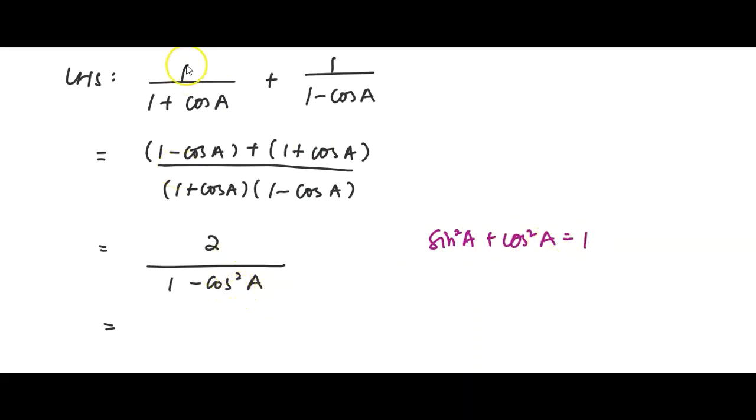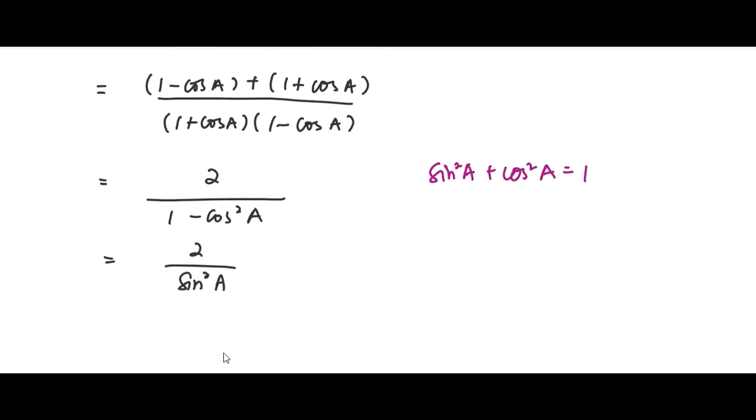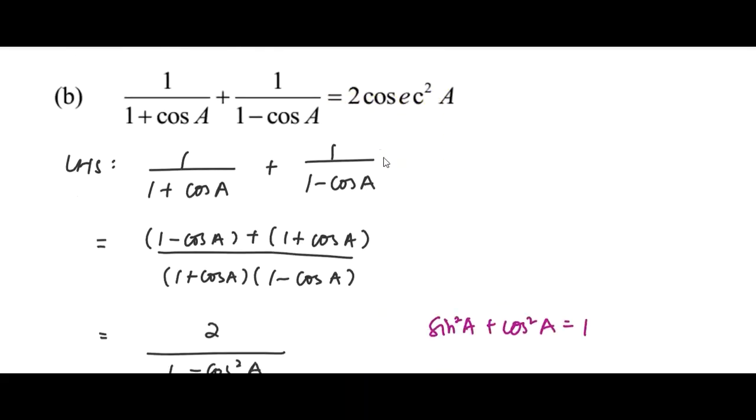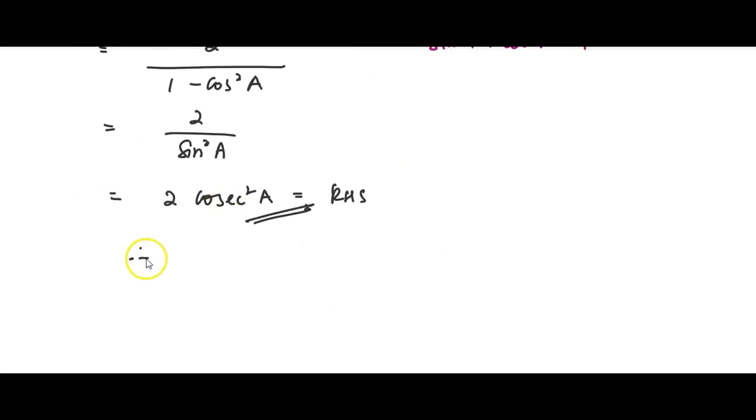So 1 minus cos square A can be written as sine square A. Replace the 1 minus cos square A with sine square A, and this is equal to 2 cosecant square A. Alright, so you have proven it until it is equivalent to the right hand side, which is similar to the question. Then we say that we have proven the statement.